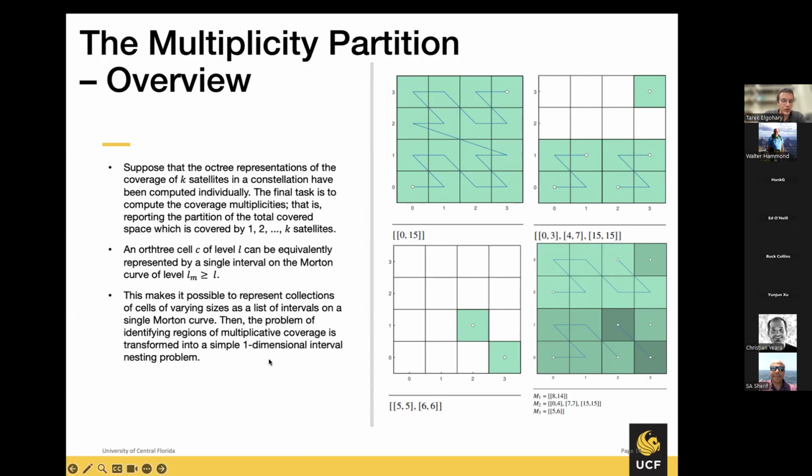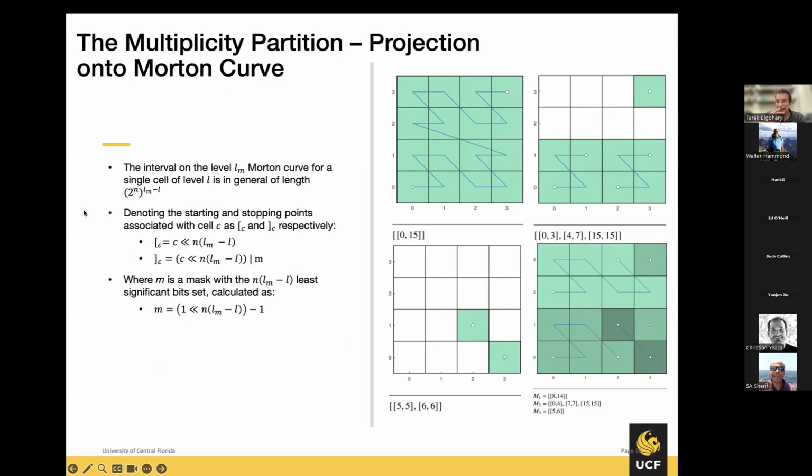And the important thing here is that this whole representation using the Morton curve or the Z curve becomes just a one-dimensional interval, a 1D search. So this is not computationally complex at all. And actually, I'm going to show you the computational complexity of this next.